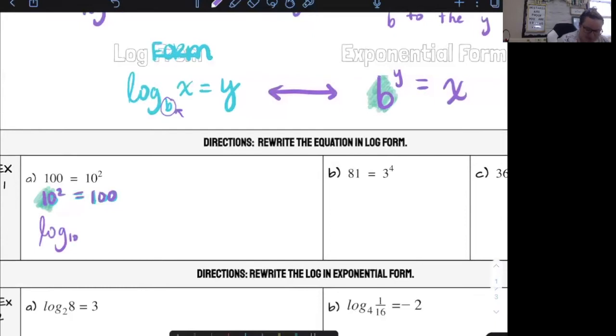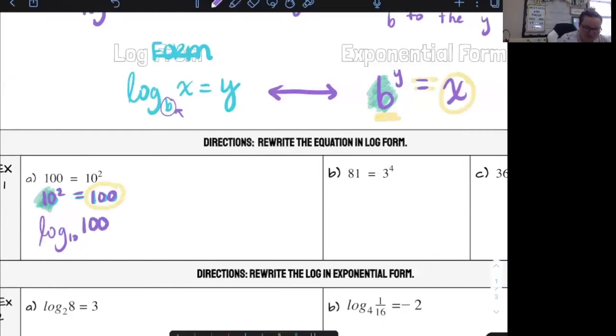So log base 10 of, and then whatever your power, b to the y, was equal to, that's what goes into the log. So we are equal to 100. That 100 is going to go into the log.